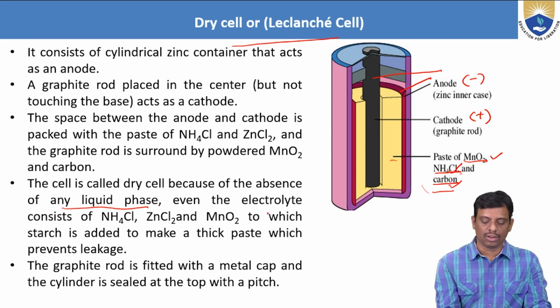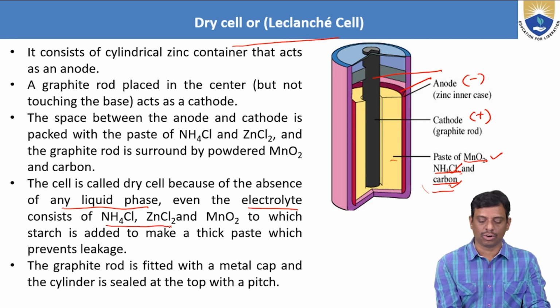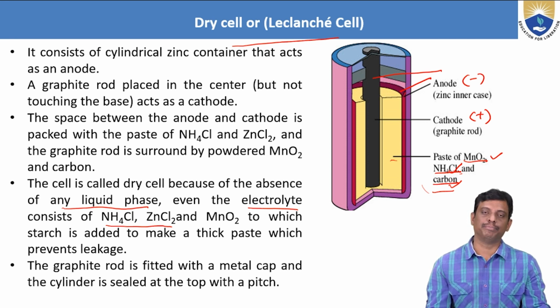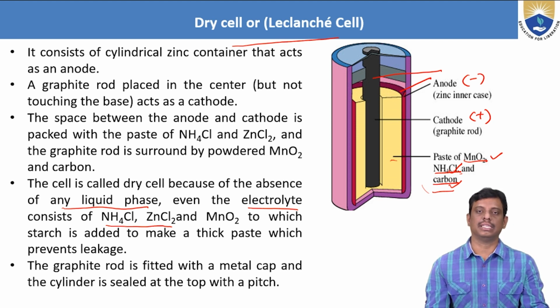The electrolyte, ammonium chloride, zinc chloride, and manganese oxide, is mixed with starch or carbon material to make a thick paste, which we use as the electrolyte. To prevent leaching, we use this type of battery. This is one of the dry cell battery electrolytes.